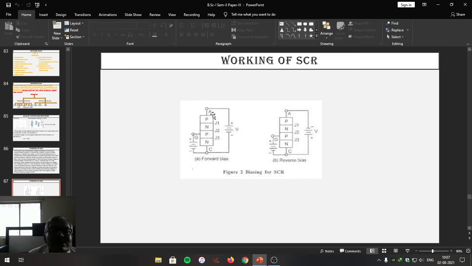Look here. This is the SCR which was studied yesterday, which has 4 layers PNPN, 3 junctions J1, J2, J3, and 3 terminals, that is anode, gate and cathode. As we are aware that it works only in forward bias condition, its anode should be forward biased with respect to cathode.